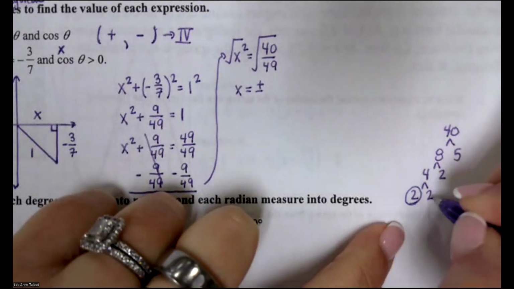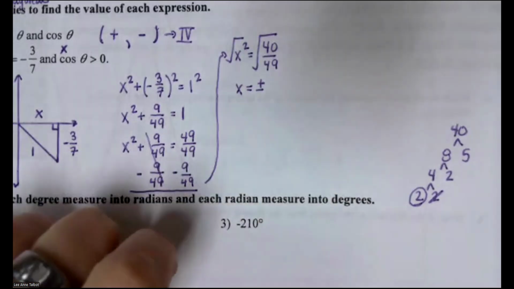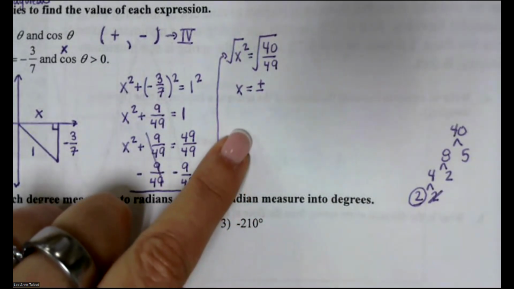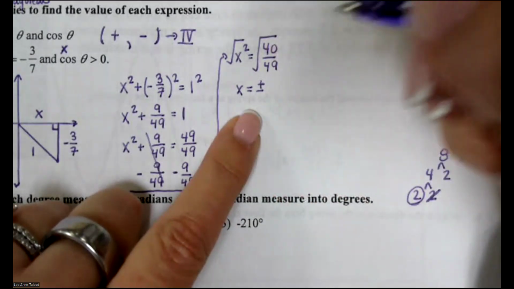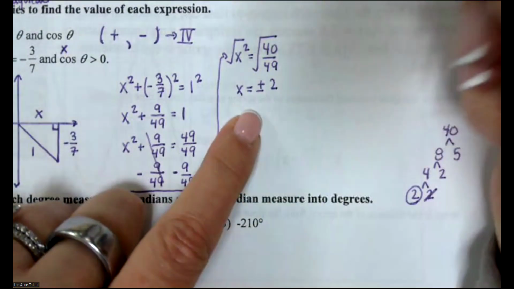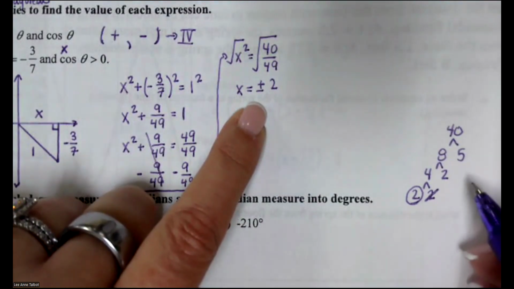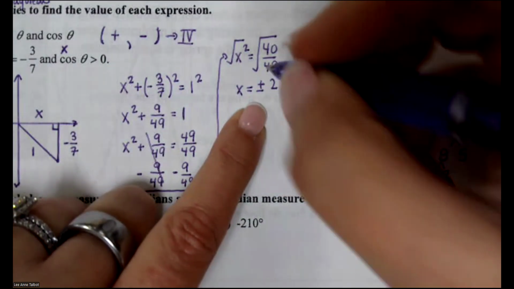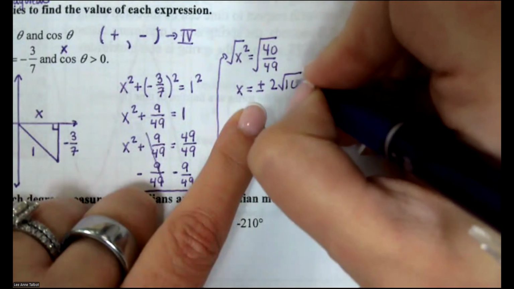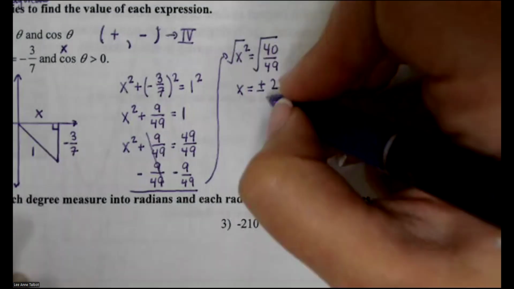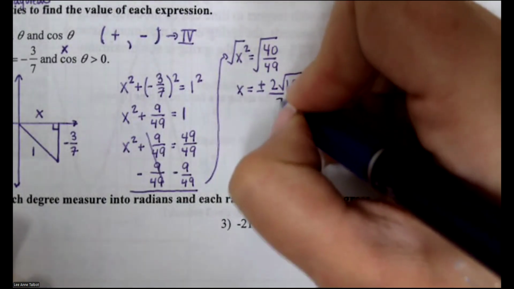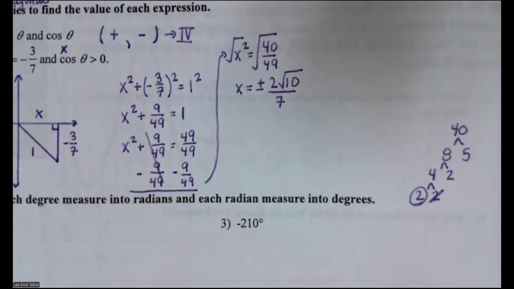Circle 1, 2, cancel 1, 2. The circle 2 comes outside. And these two guys are left over, so they get multiplied and stay inside. And then the square root of 49 is 7.